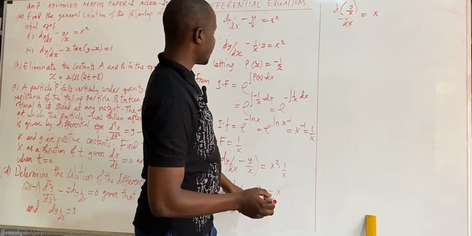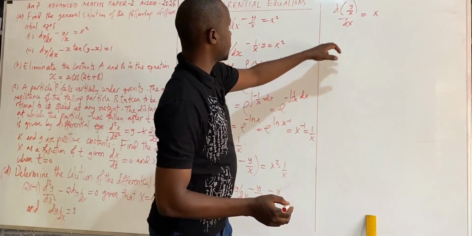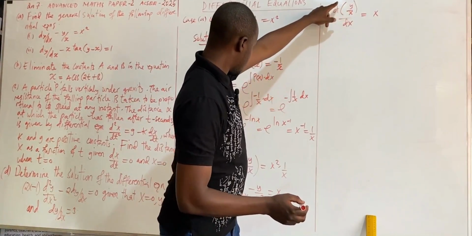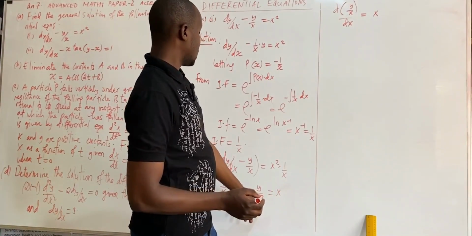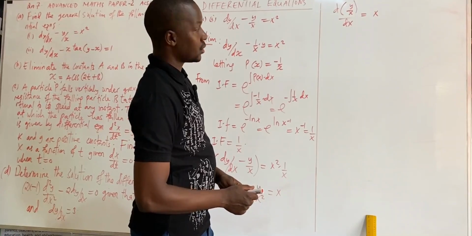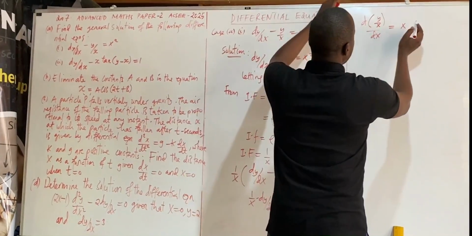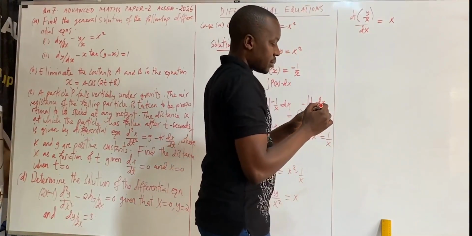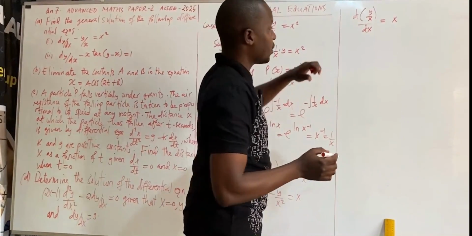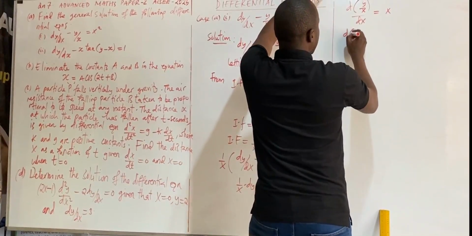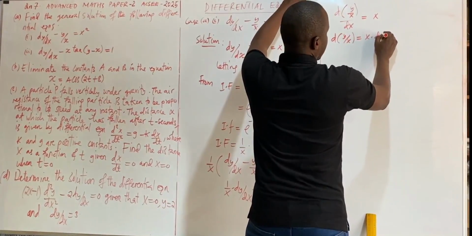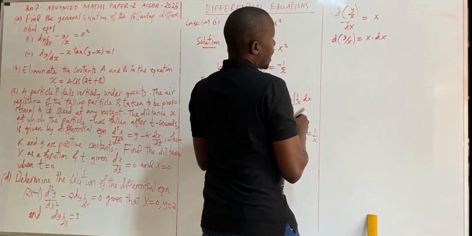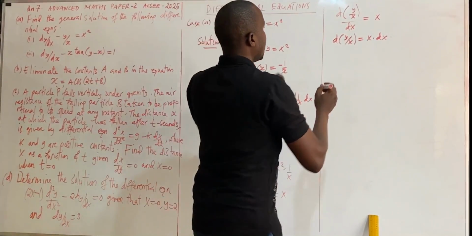Then you plus, you kept constant y and differentiated 1 over x, that's why we end up getting negative 1 over x squared. So from here, we can multiply by dx both sides. So we have d of y over x equals x dx. From there, we apply integration.